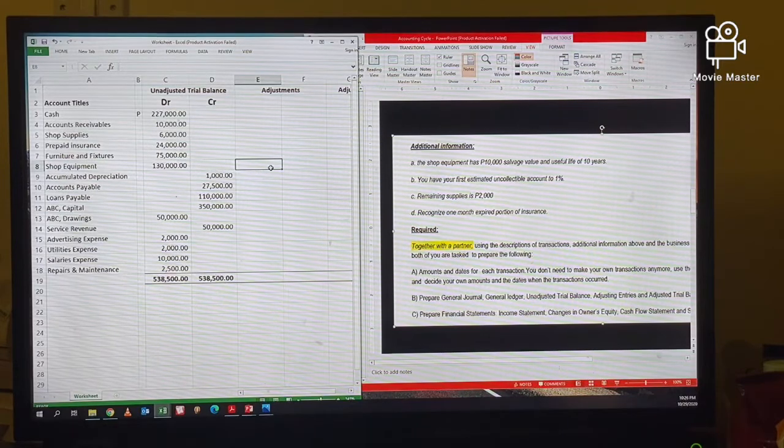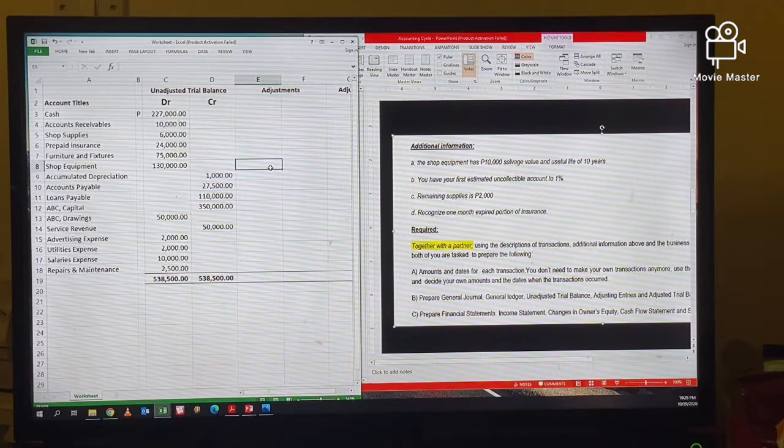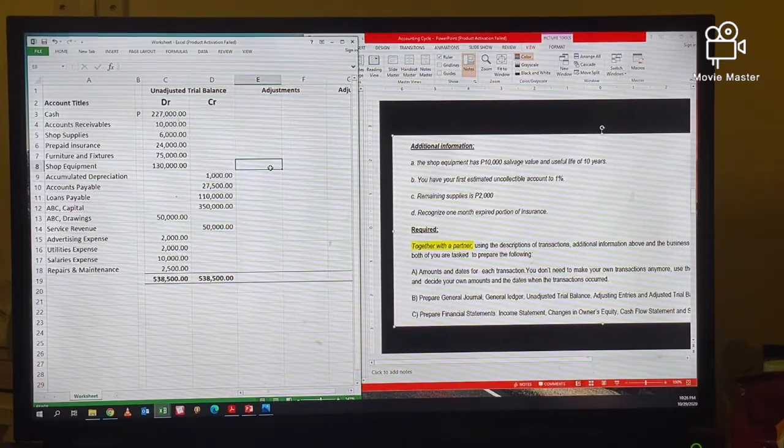Okay. Divided by 10 years. So, your annual depreciation is 12,000. Since 1 month lang ang i-adjust natin, which is for the month of October, you divide your annual depreciation by 12 to get the monthly depreciation of 1,000.